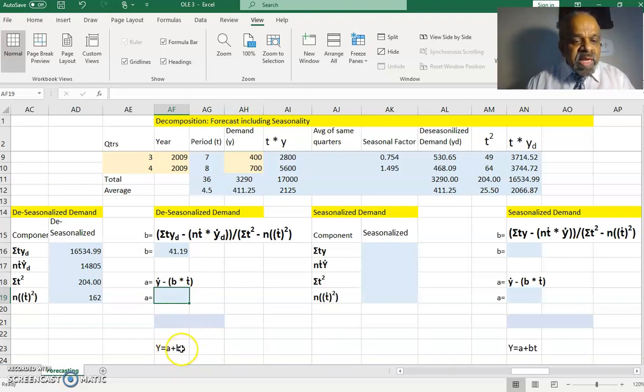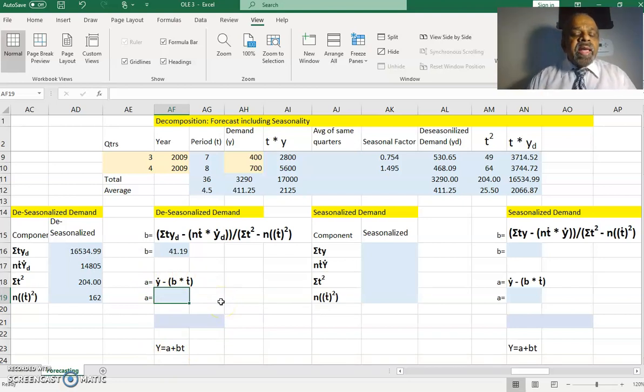Sorry, A is equal to y minus bt, because I'm going to bring the bt to the other side, so A is on its own side. So A is equal to y minus bt.